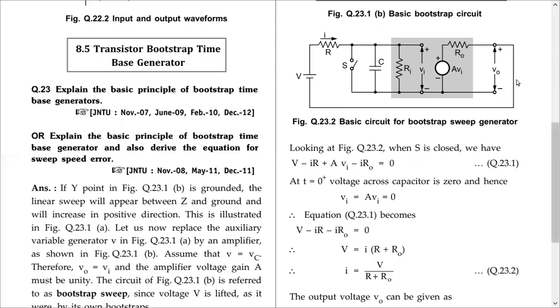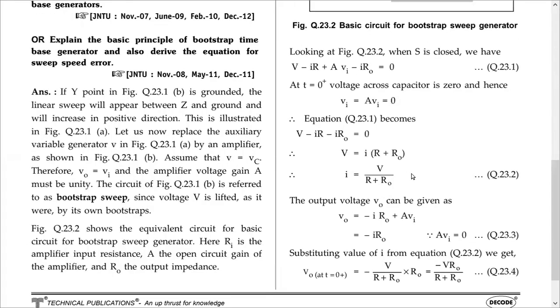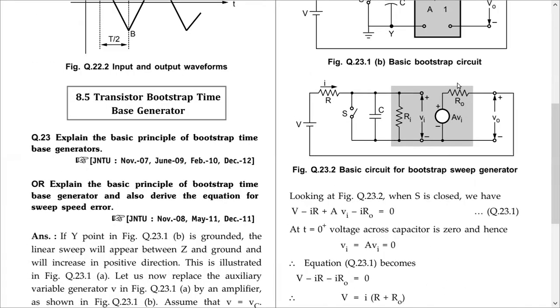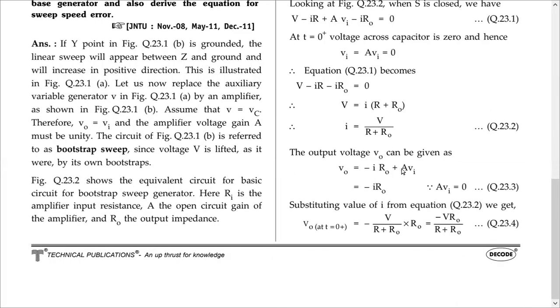Okay, so V naught will be, current is flowing from this side to this side. Okay, right? So current in this direction will be minus I. So V naught will be minus I into R naught plus AV VI. Okay, what we are doing? Just applying KVL here. That's it. Okay. So we are getting V naught.